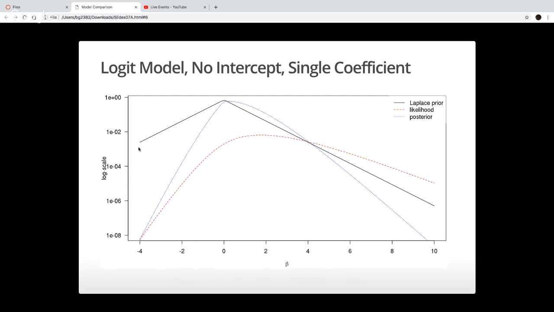The black line here is the Laplace prior, or the L1 norm, as it's referred to in machine learning. It depends on the absolute value of the coefficient, and it has a mode that is not differentiable, but its highest value is at 0. In the Bayesian context, that would be our log prior. In supervised learning, that's your penalization function.